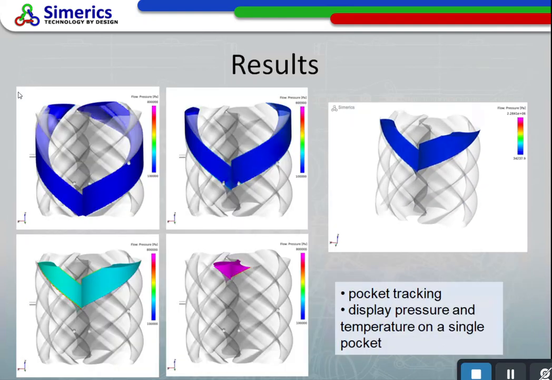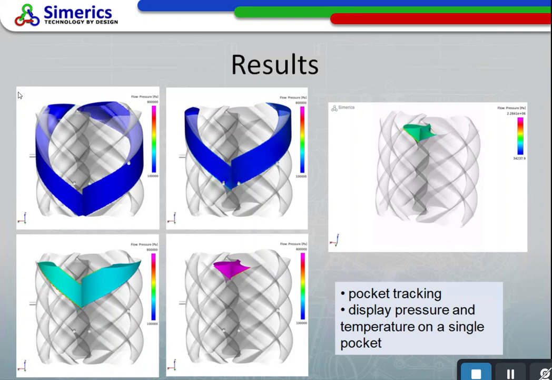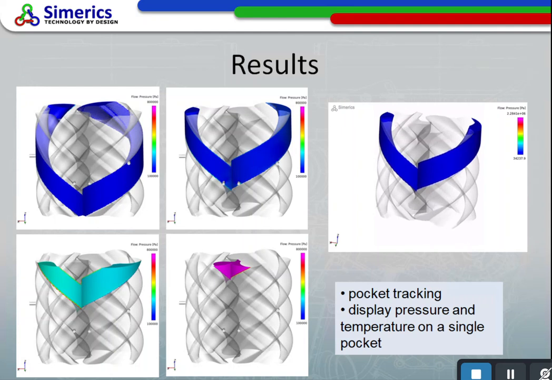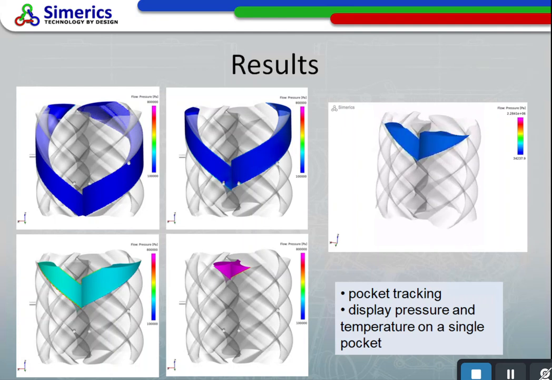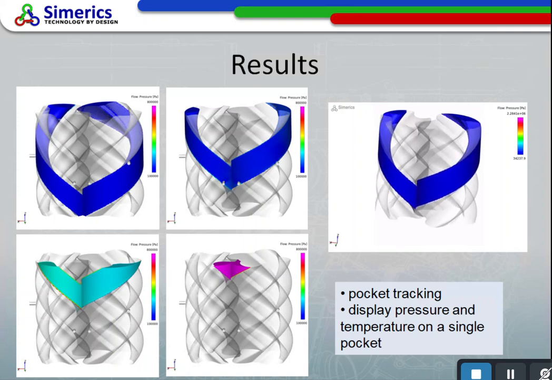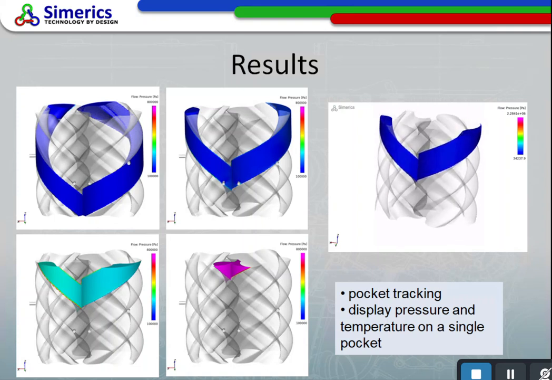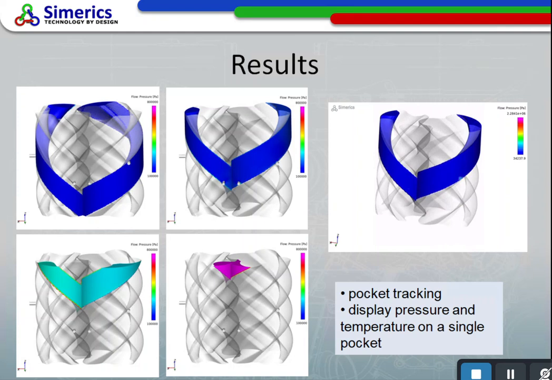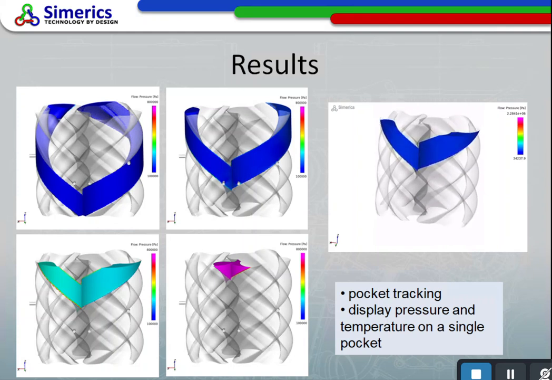In Simerics MP+, we developed a method which can track the target pocket. For example, you can see in this animation that we can show the development of the target pocket from beginning to end. The 4 pictures on the left show the average temperature at the different stages.